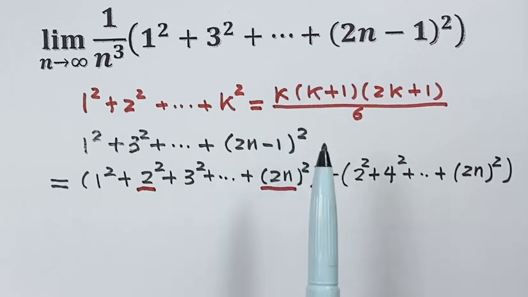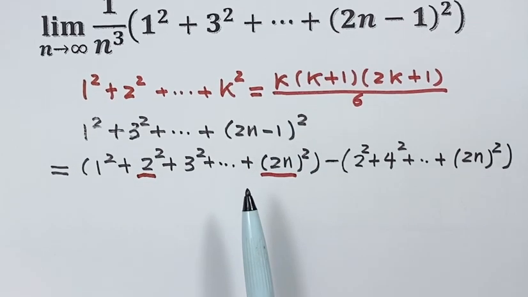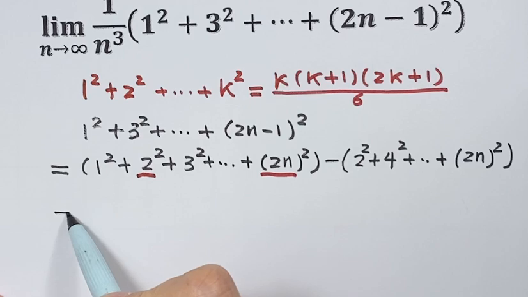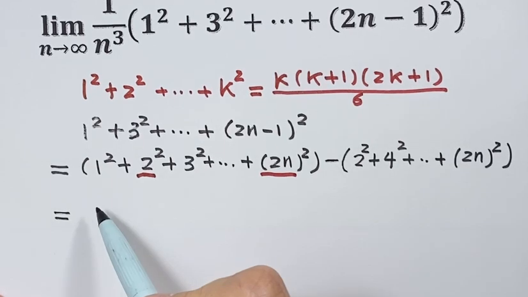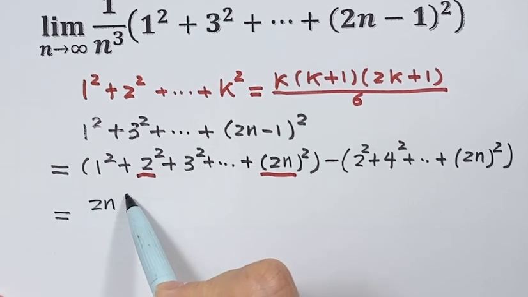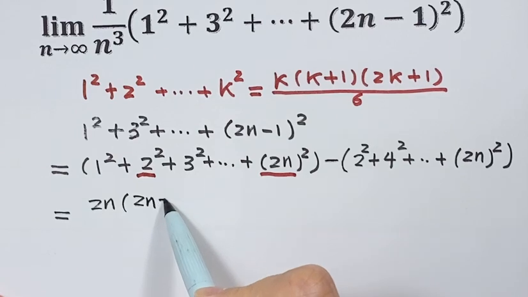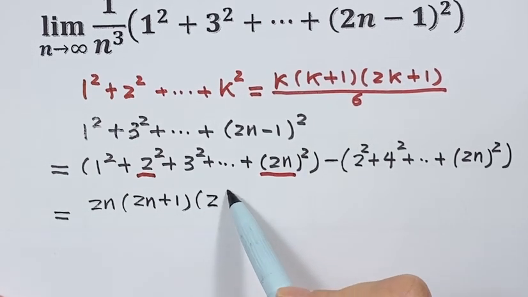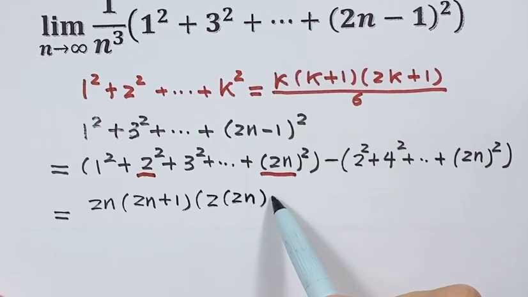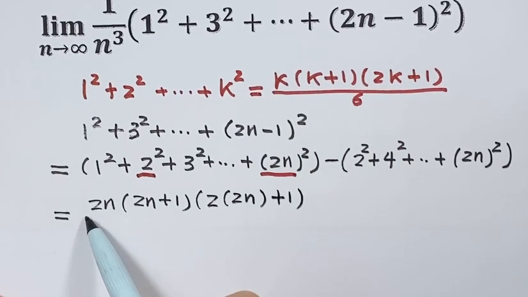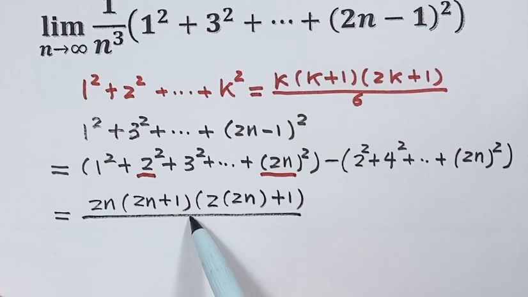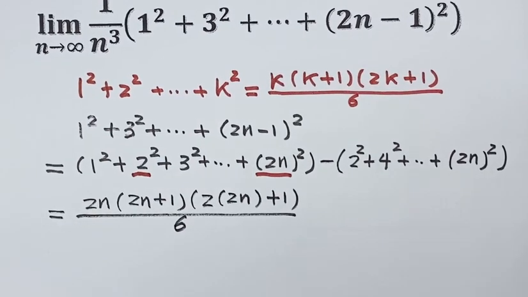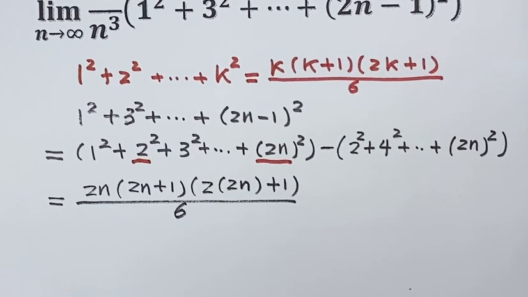So now let's use the formula for the first group, where k is 2n. We have 2n times 2n plus 1, times 2 times 2n plus 1, divided by 6. Now let's see the second group.